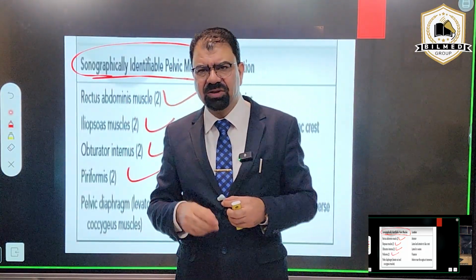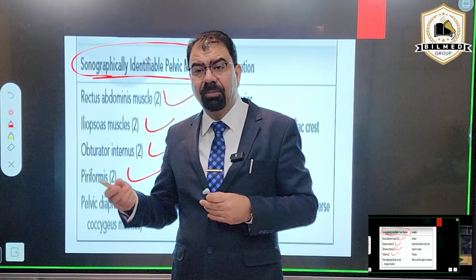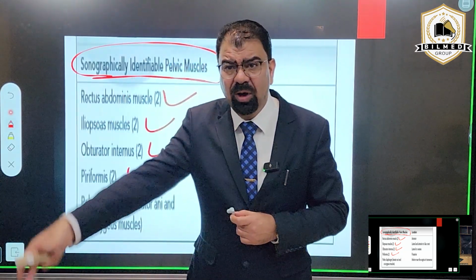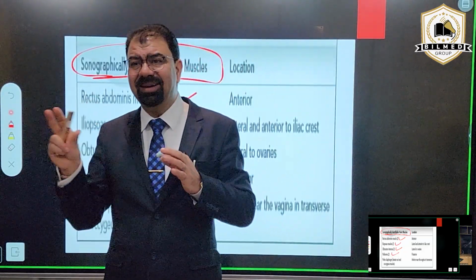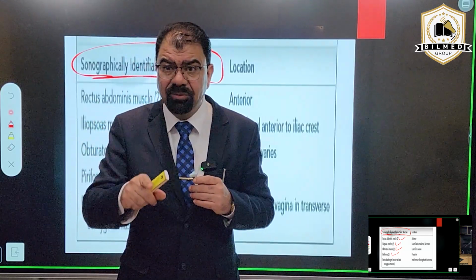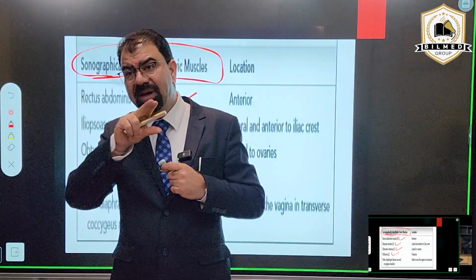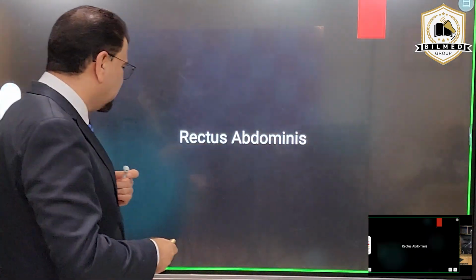So you might think you are dealing with an abnormal ovary and label it as an ovary. If you have a bilateral mass-like thing, then think tens of times before labeling it, because maybe you are cross-cutting a muscle over there.